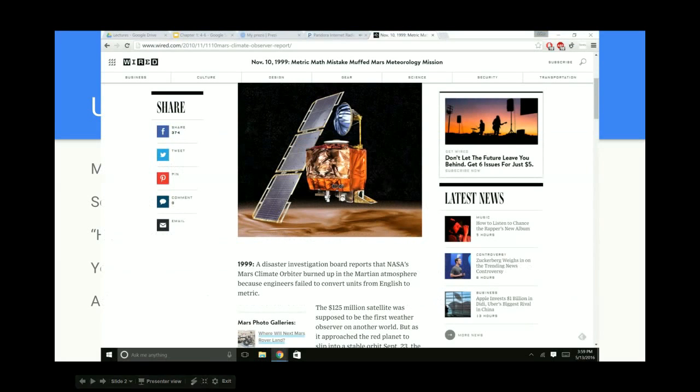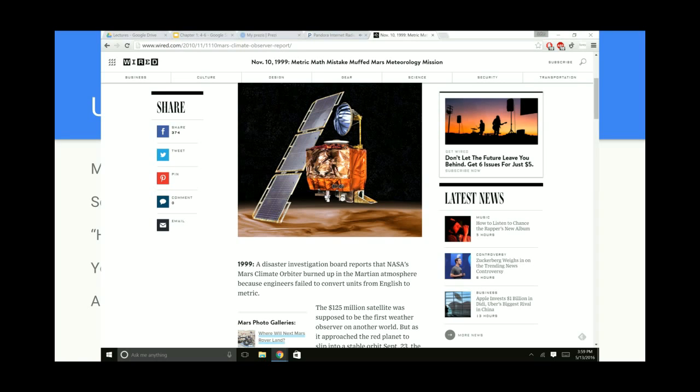Now, units really do have real-life implications. This here is an article talking about a big news event from 1999 when NASA accidentally destroyed a $125 million orbiter that they intended to go around the planet Mars. Because NASA, being a government agency, has to use the English or imperial system, feet, pounds, things like that.